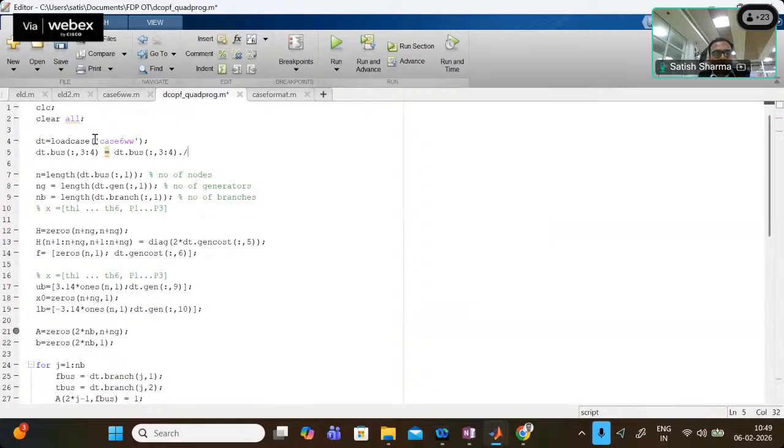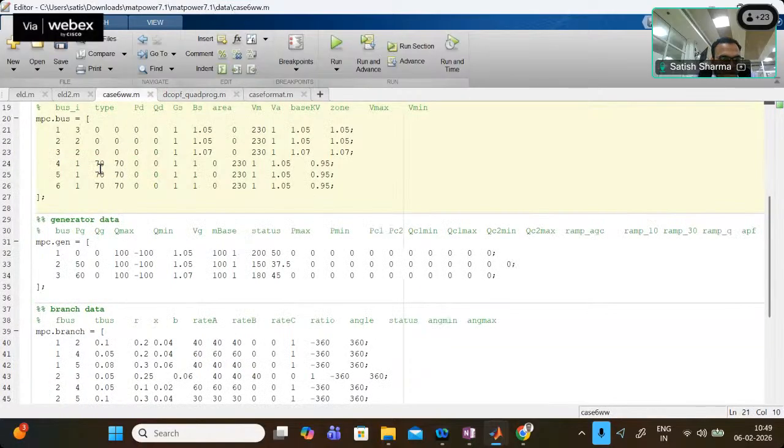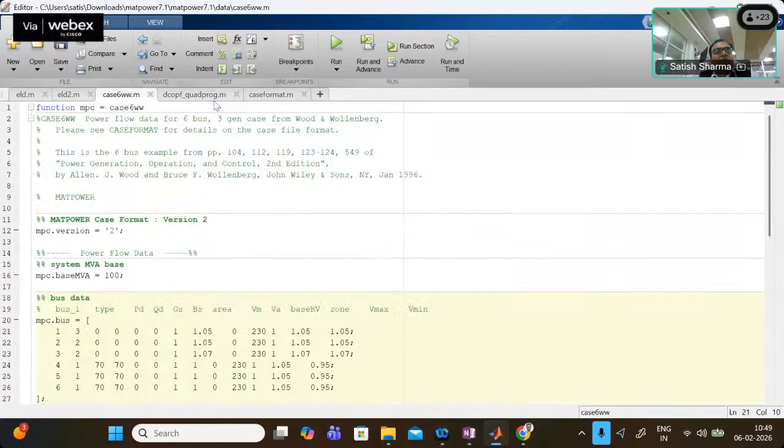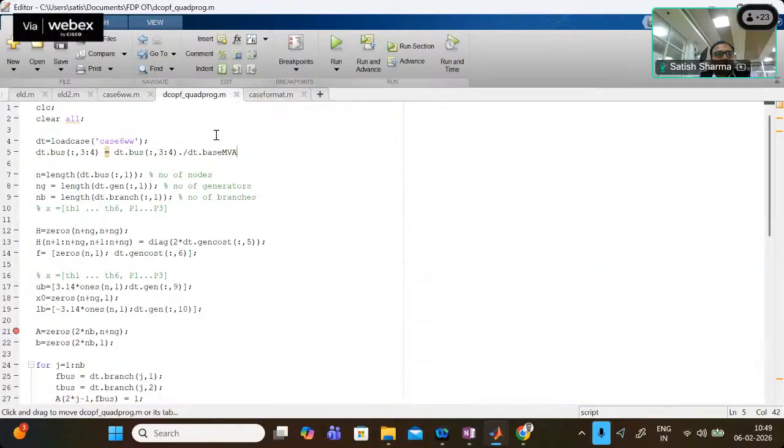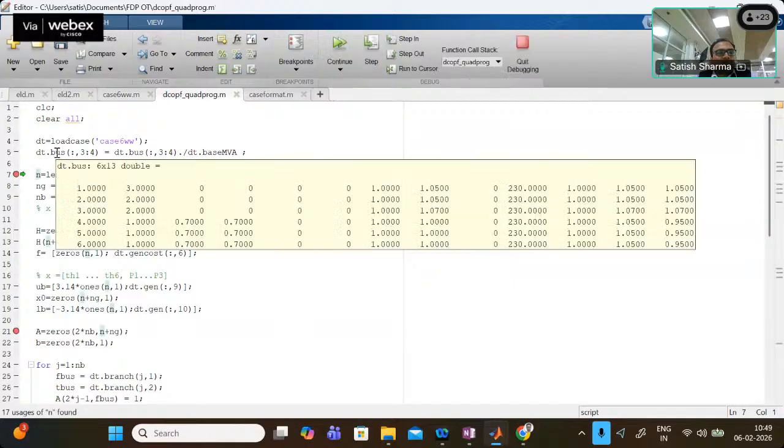So let's say dt.bus, all rows, columns 3 and 4 represent P plus jQ. Let's convert Q also into per unit. So the demand should be equal to itself divided by dt.baseMVA, and this is defined as base MVA 100. Okay, so it is already defined here. So I will put it like this. So basically, the bus demand is instead of 70 megawatt, 0.7.